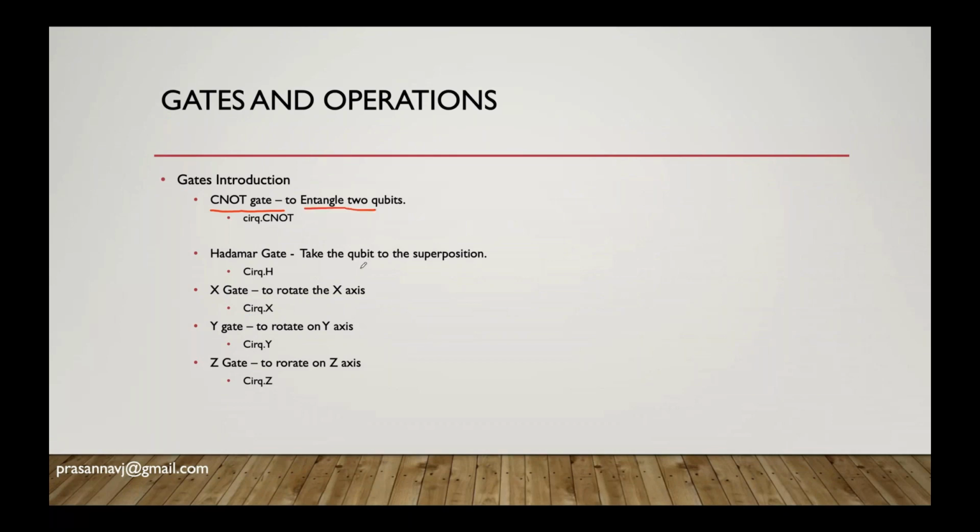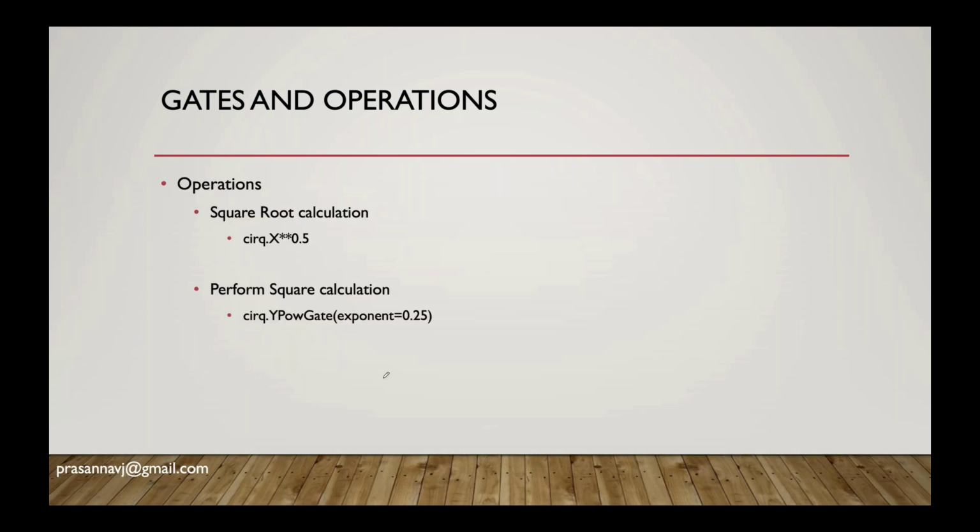And there is the Hadamard gate, represented by H, which is used to take your qubit to a superposition state. And there are the X gate, Y gate, and Z gate. And let's look at some of the operations that you can do as part of these gates.